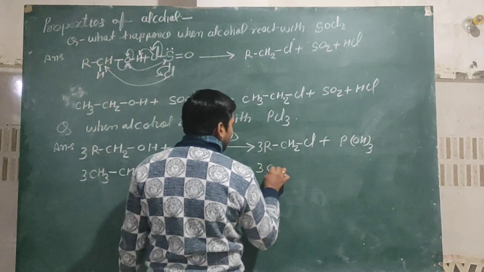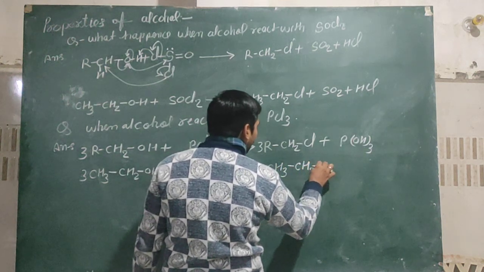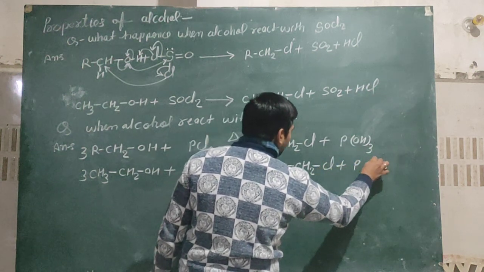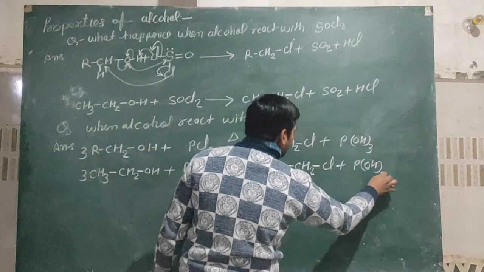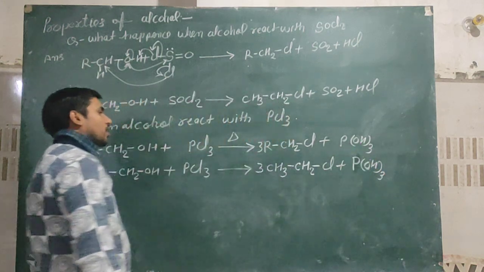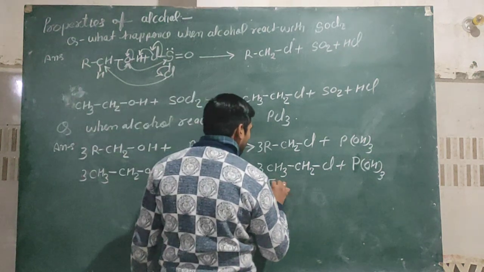In this way 3 molecules of CH3CH2Cl are formed along with P(OH)3. Okay, it is ethyl chloride.